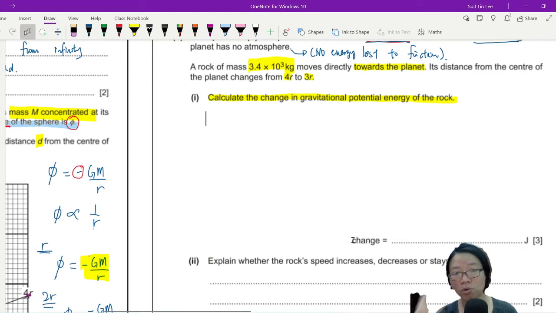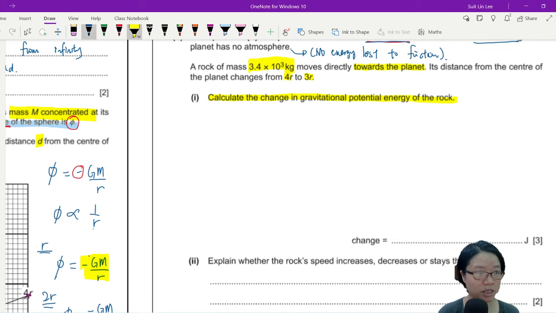Okay, so first things first, we ask ourselves, what is the equation for gravitational potential energy?